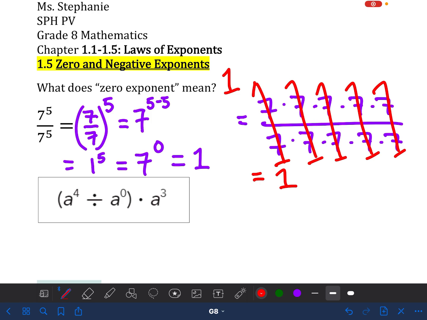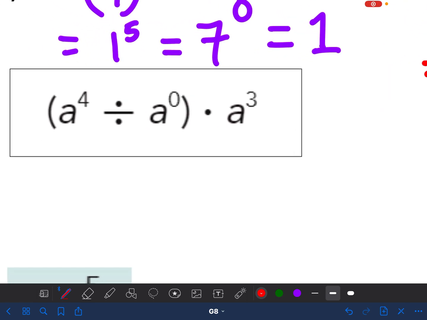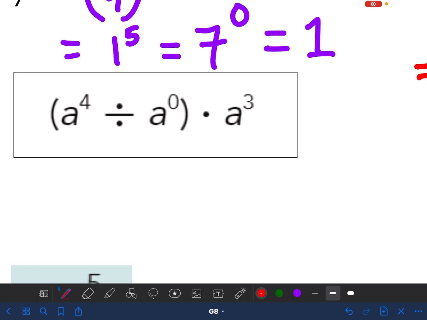So let's try that out. What does it mean if I say 8 to the power of 4 divided by 8 to the power of 0 times 8 to the power of 3? You could do this: 8 to the power of 4 minus 0. I'm using the quotient rule of exponents, so keep the base and subtract the exponents.